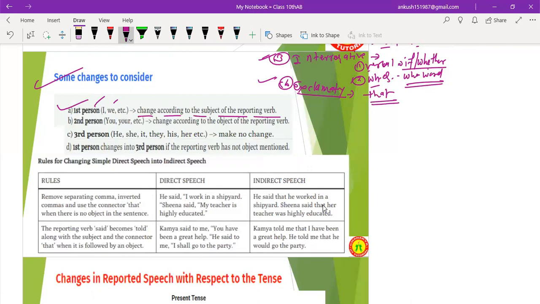Whatever first person is used over there, that would be changed according to the reporting verb. Suppose I take the same sentence here: Smith said to Mohan, I am busy now.